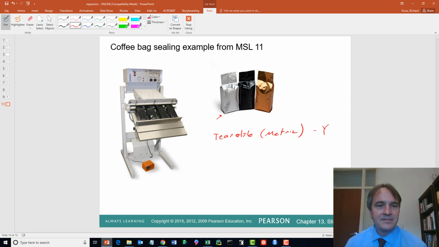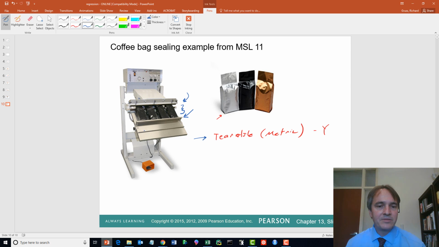Okay, and the x variable then has to do with this machine that they use to seal these. So the variable that they wanted to investigate, what is this variable's effect on the tearability, is some kind of plate gap. So I assume that this is the gap that they're talking about, but the idea is that they have a gap here of a certain size.